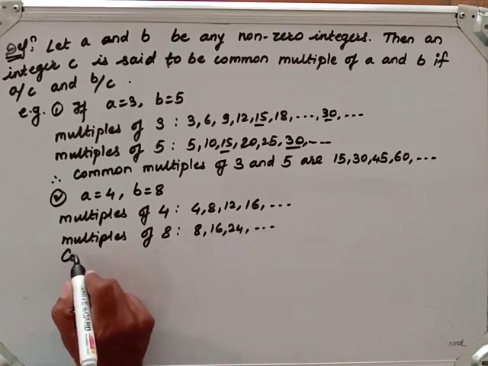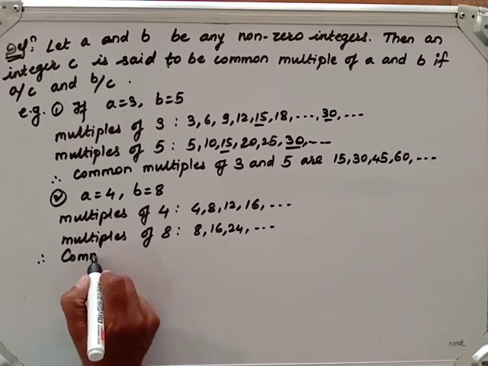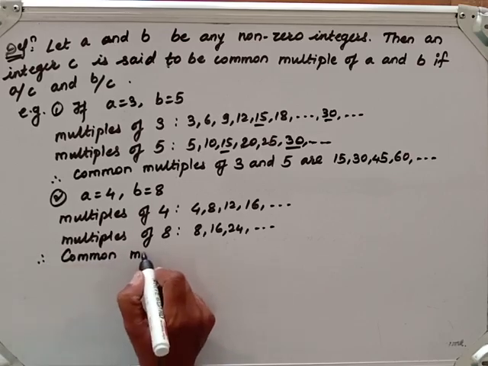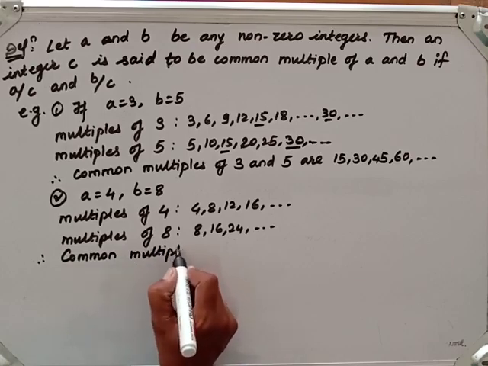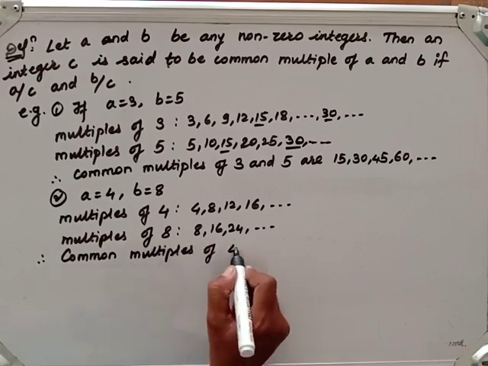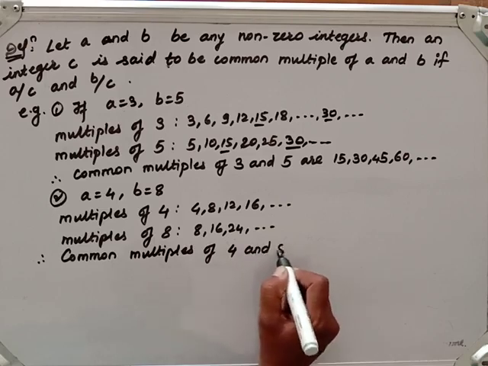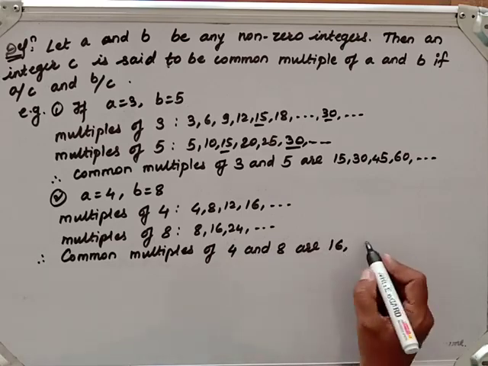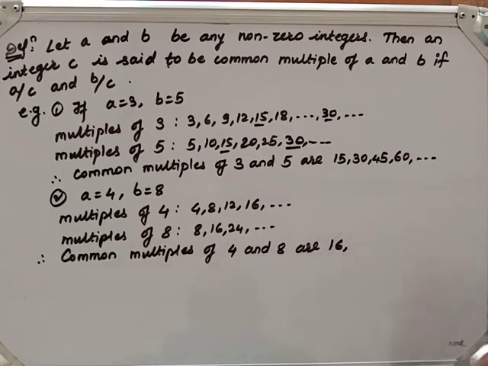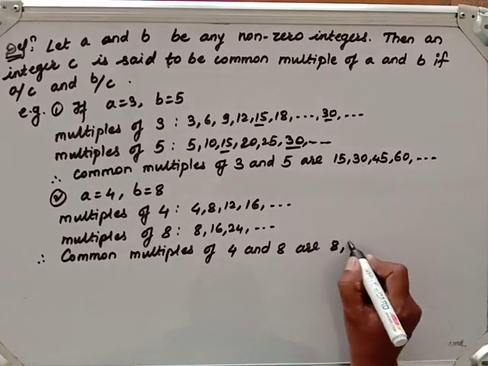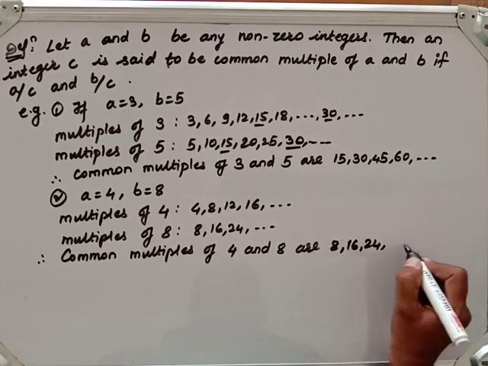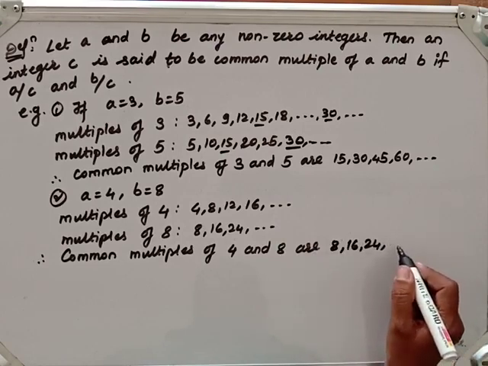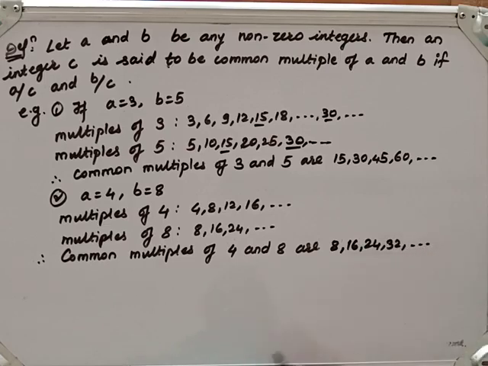So common multiples of 4 and 8 are 8, 16, 24, 32 and so on. Fine.